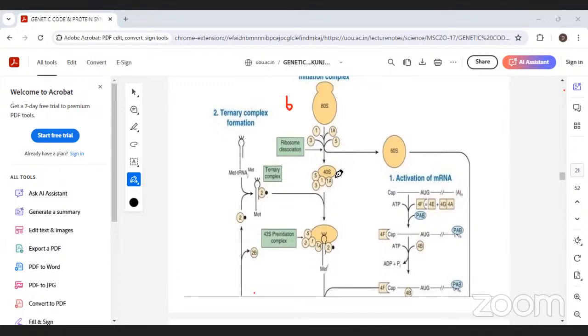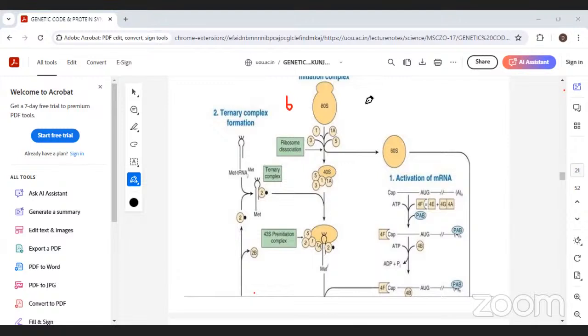In prokaryotes, protein synthesis begins with a special kind of initiator tRNA. Listen carefully, I will explain the prokaryotic cell only. In prokaryotes, protein synthesis begins with a special initiator tRNA, which carries formylated methionine, F-met tRNA.